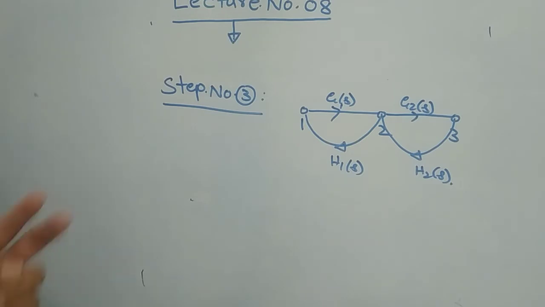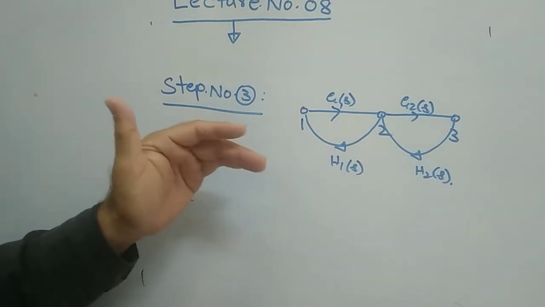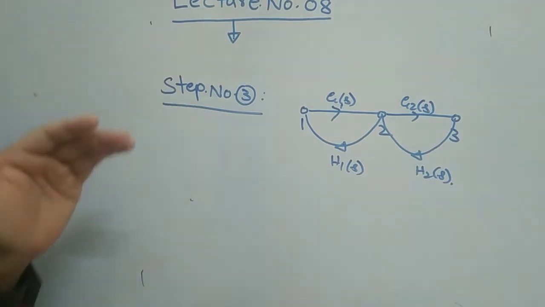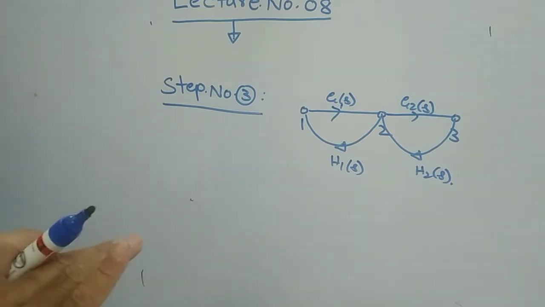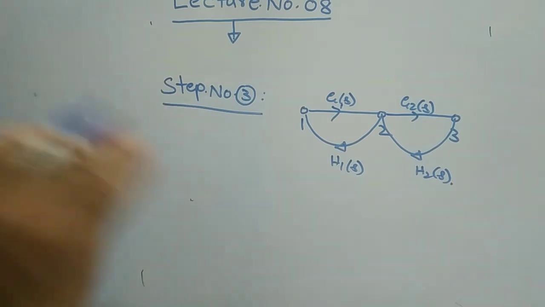What do you mean by two non-touching loops? In the given signal flow graph diagram, you have to see whether there are any two individual loops which do not touch each other.